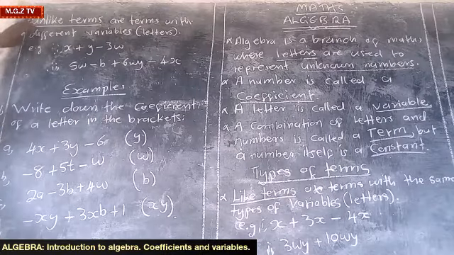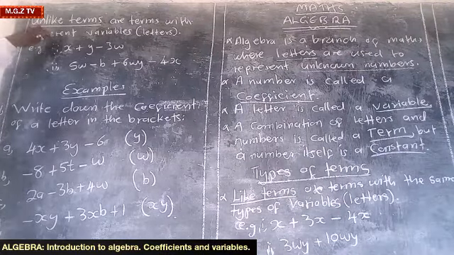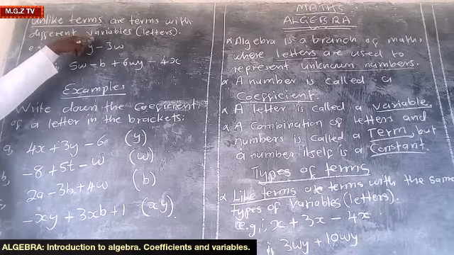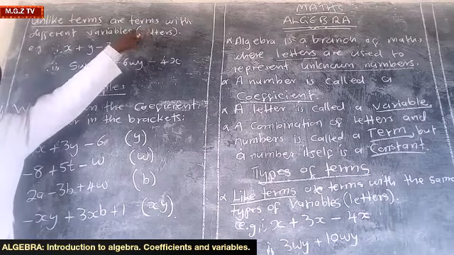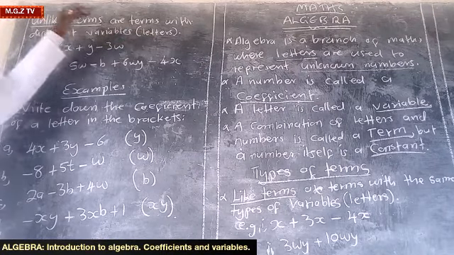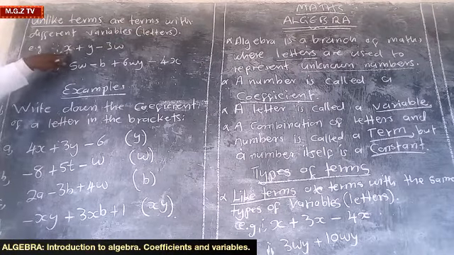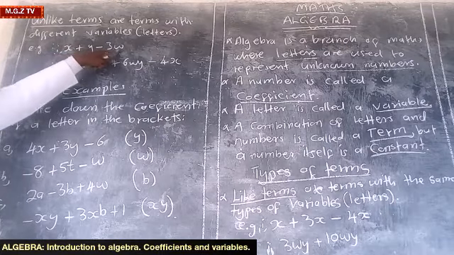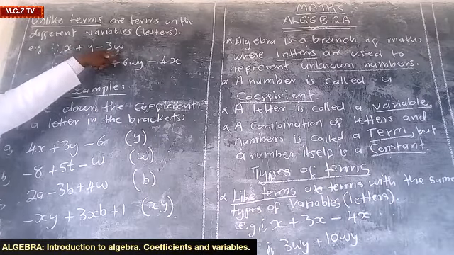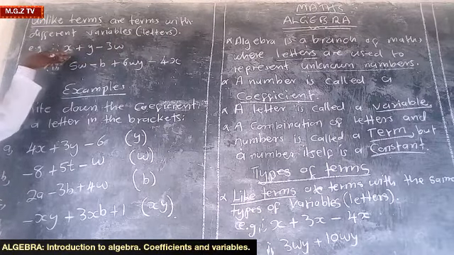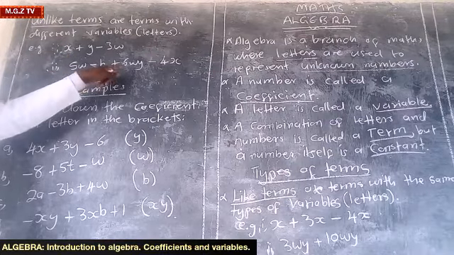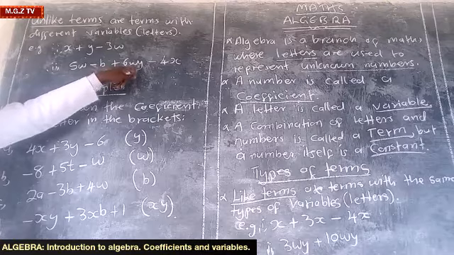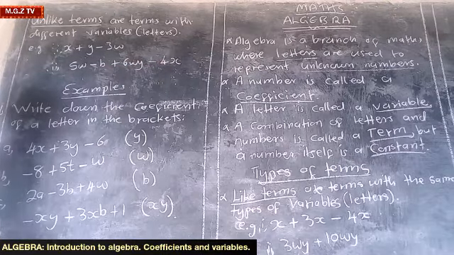Unlike terms are terms with different variables, terms with letters that are not the same. Example, here we have x, y, w. Everything is different, right? Here we have 5w, b, y, x, w, y, x.